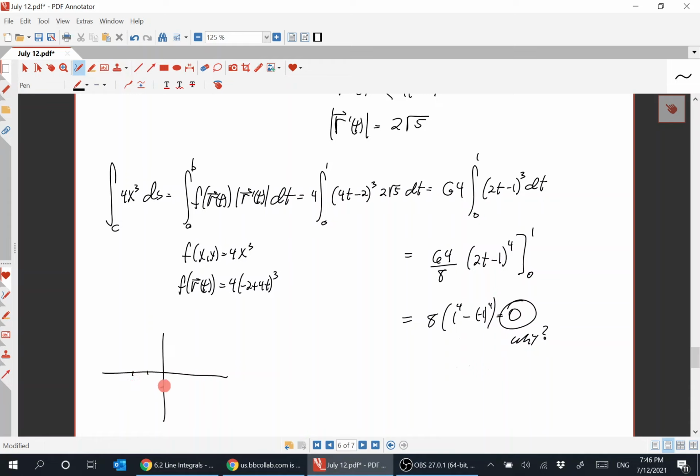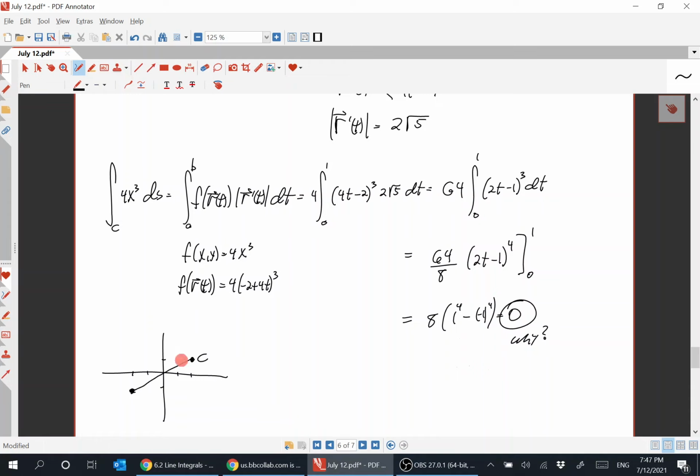So -2, -1 is here. And then 2, 1 is here. I see what it is. So the line segment looks like this. Right, that's C. And as you can see, C is symmetric around the origin.